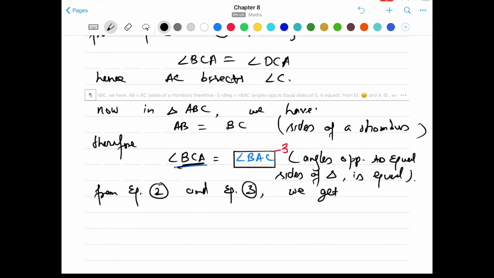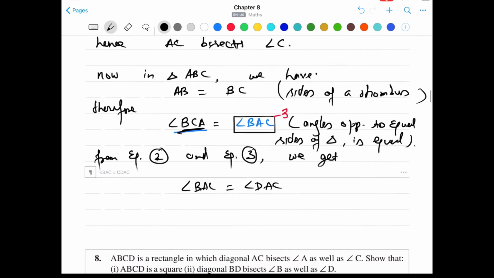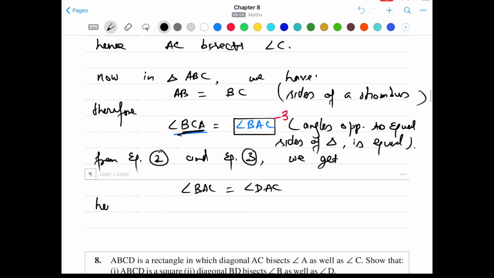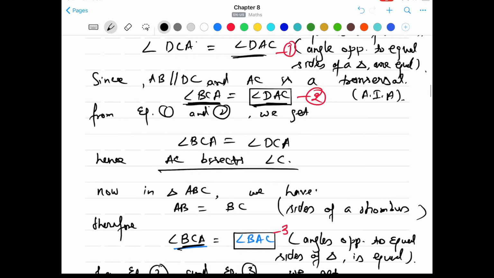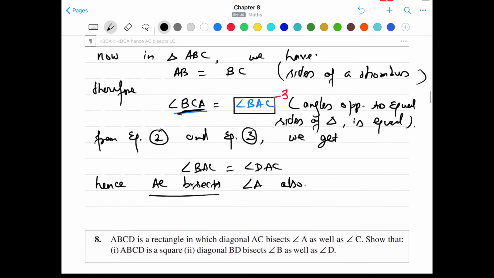So from equation 2 and equation 3 we get angle BAC is equal to angle DAC. Hence AC bisects angle A also. Here we proved that AC bisects angle C, and here we proved that AC bisects angle A also.